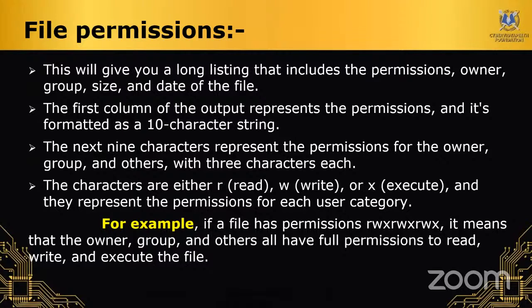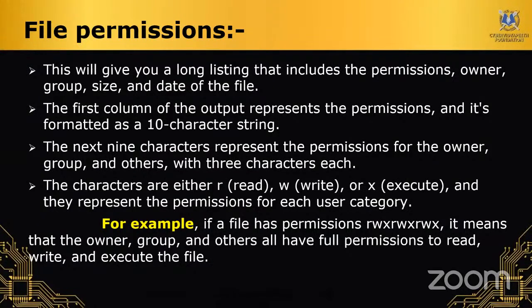We have talked about ownership, and then we have permissions. There are three basic permissions in Linux, which are read, write, and execute. These permissions are assigned to the categories owner, group, and other.